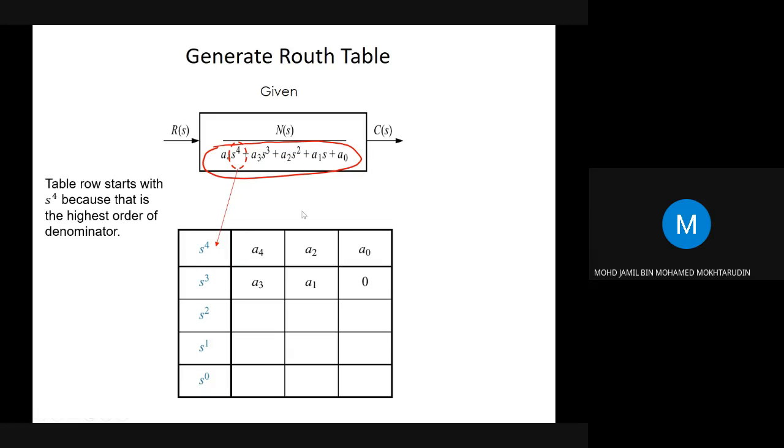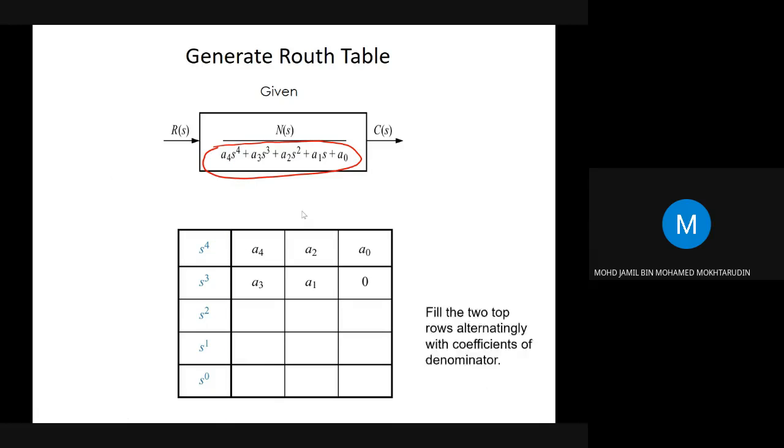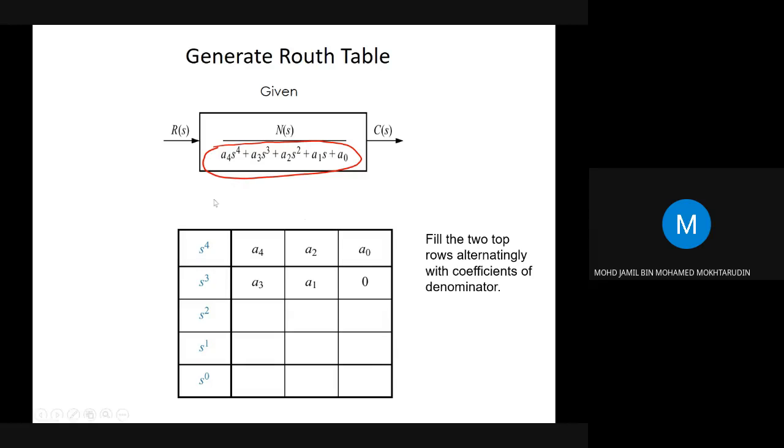After that, you arrange the coefficient alternatingly, okay? So you start with A4 here, followed by A3 down below the A4, and then A2 next, and then A1 below A2, and then A0, and then because here you don't have any more coefficient, then you put 0 on the remaining spaces.